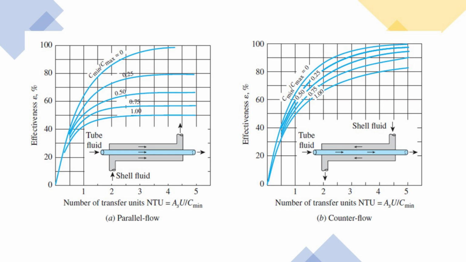On the y-axis is the effectiveness value. On the x-axis is the number of transfer units, which is NTU. And the blue curve is the ratio of the C min over C max, or the small letter c.